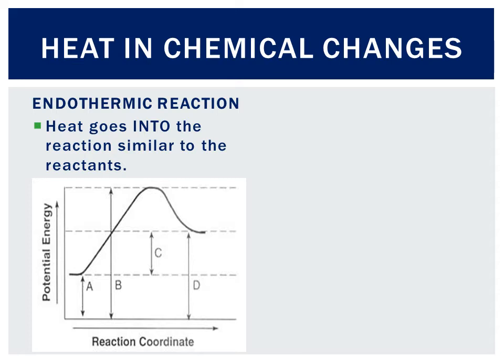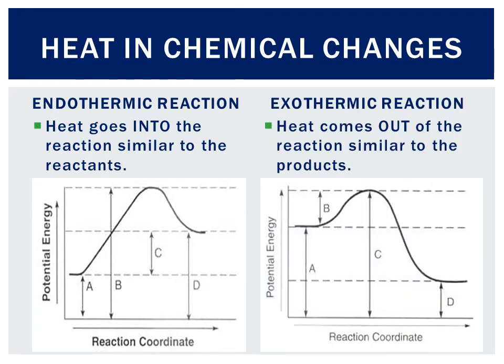Notice that the potential energy of the products is higher, so heat is required to form those things because they hold more energy themselves. So the true value of the delta H is going to be a positive number. In that case, it's the energy of the products minus the energy of the reactants.